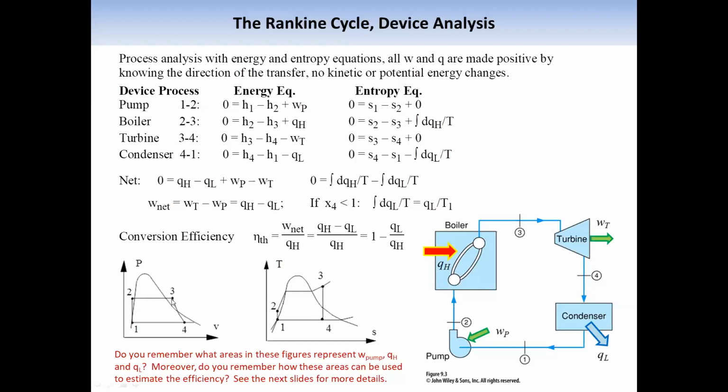The turbine does work, and it reaches a point, a horizontal line, because it's isobaric, a constant pressure line. Then this makes the estimation of pump power very easy. This rectangular area is the pump power.